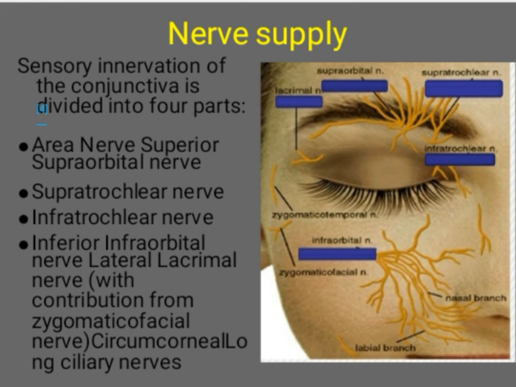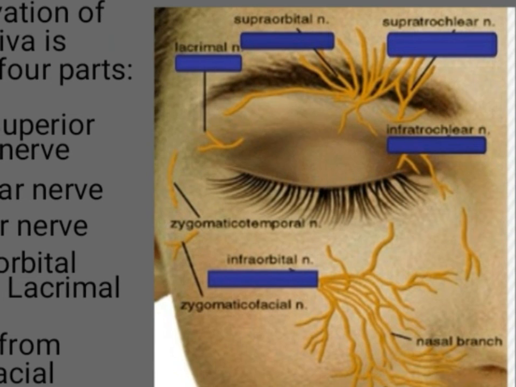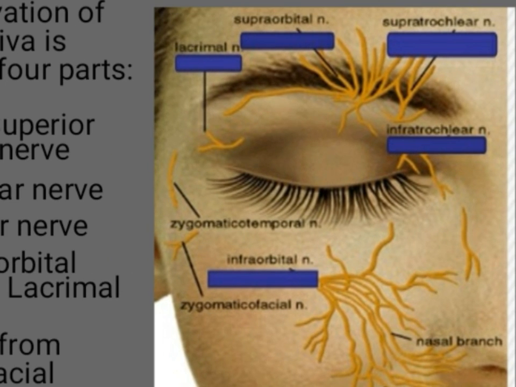Sensory innervation of the conjunctiva is divided into 4 parts. These are the nerves responsible for the nerve supply of the conjunctiva, and in this figure you can see their location: supraorbital nerve, supratrochlear nerve, infratrochlear nerve, the zygomaticotemporal nerve, lacrimal nerve, and the nasal branch.